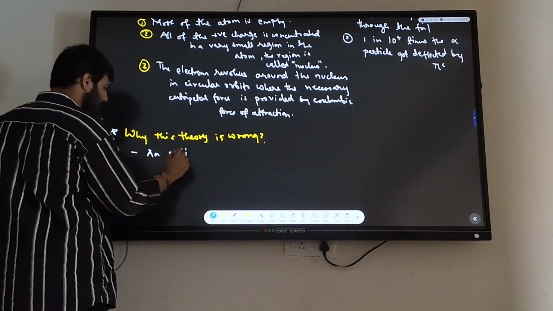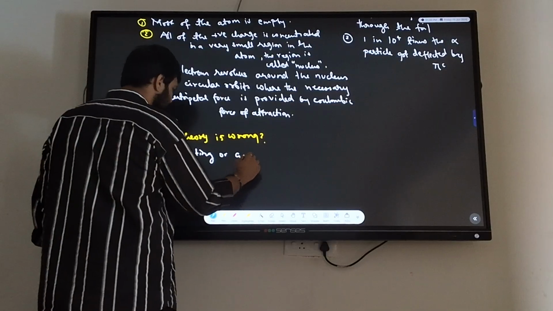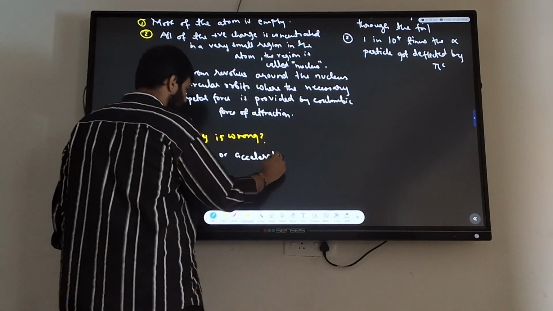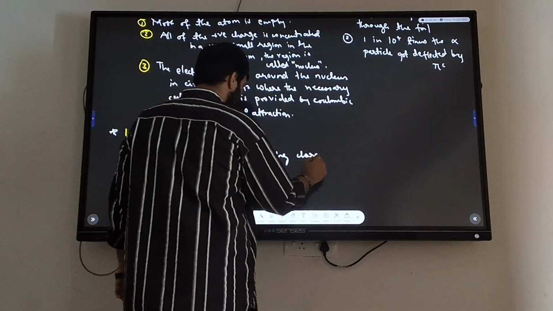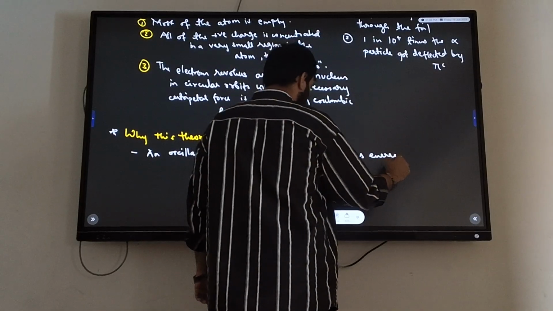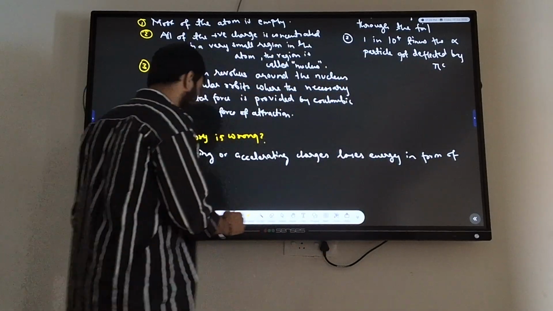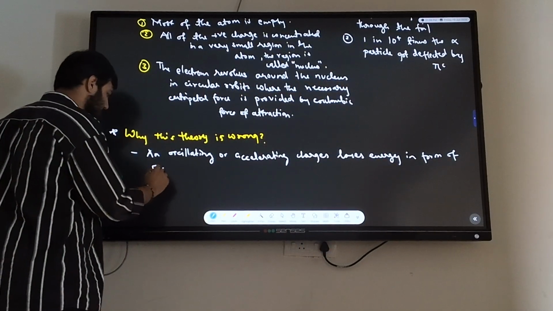An oscillating or accelerating charge loses energy in the form of electromagnetic radiation.